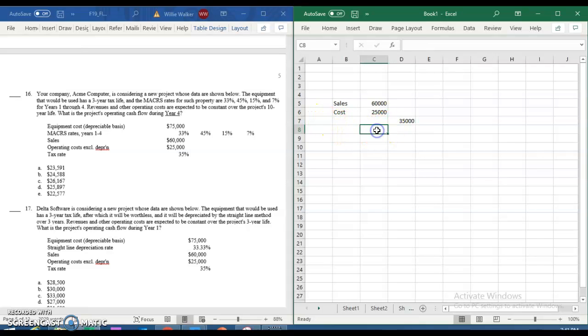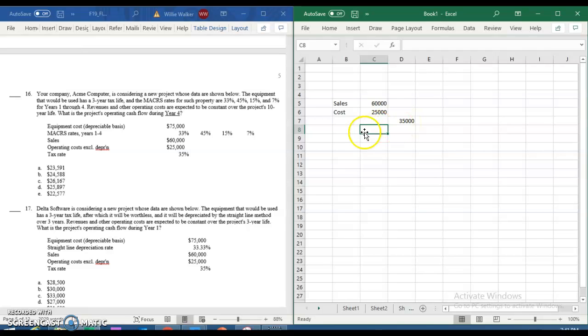Okay, so before we take the depreciation expense for year 4, mind you, the problem tells us that revenues and operating costs are expected to be constant over the next 10 years. So all this information is applicable to year 4. Okay, so we got sales, cost of those sales for year 4. So far, we got 35 grand.